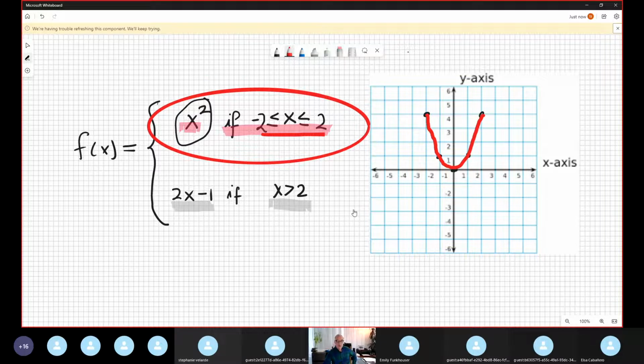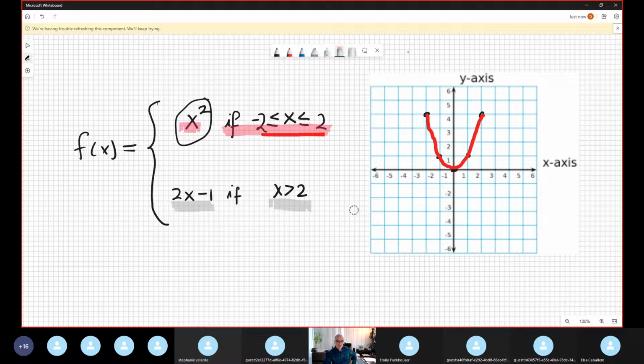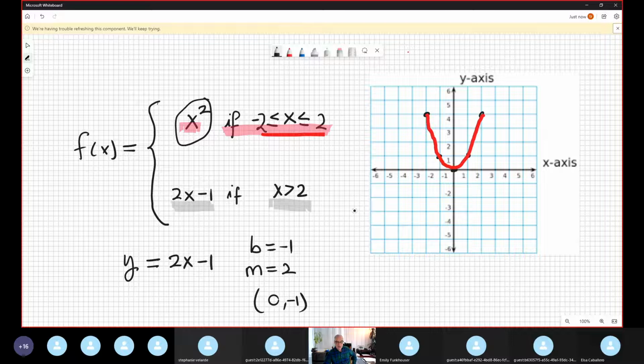Okay. Now let's do the graph of this. It looks like a line. Y equals 2x minus 1. I see that b is -1, which represents the y-intercept, and the slope is 2. So, I plot the famous point (0,-1), which represents the y-intercept of this line, is here.